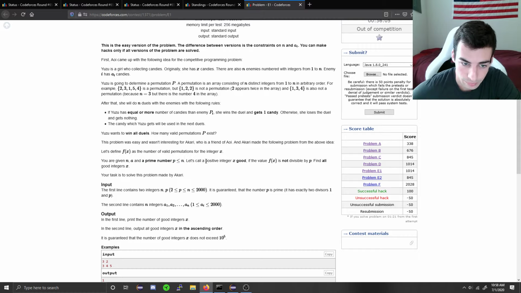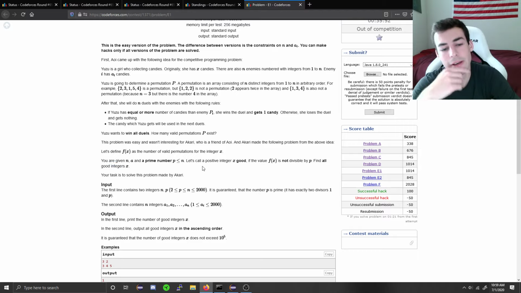Let's call the positive integer x good if the value this is not divisible by p. Find all good integers x. If the value of f of x is not divisible by p.